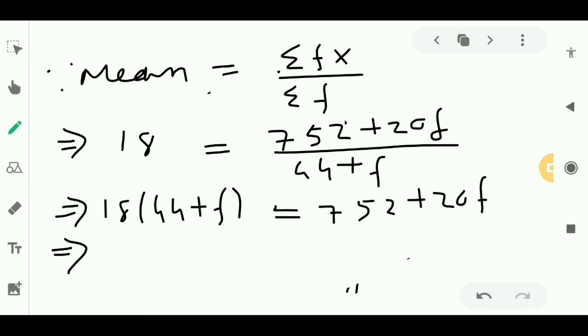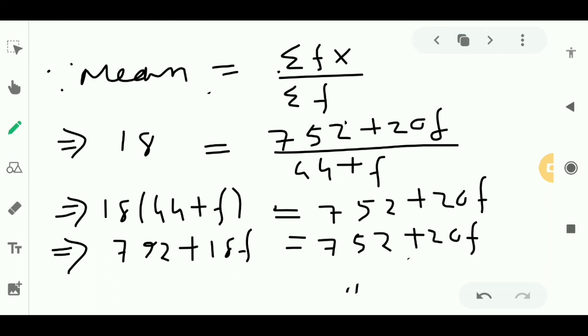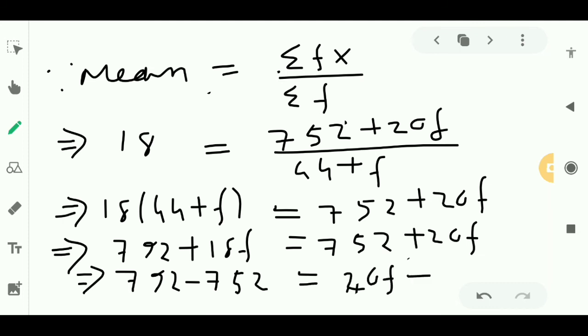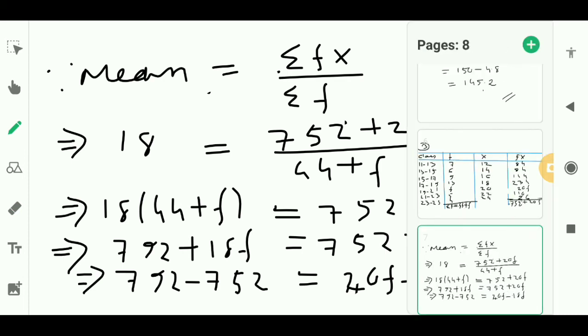So 18 into 44 will be 792 plus 18f, equals 752 plus 20f. Now constants on one side and variables on the other side. If we transfer to the other side, the sign changes to minus. So now we can write.